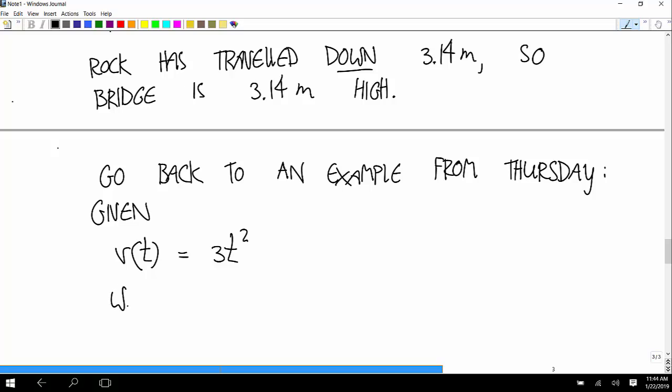In this one, why didn't we have to make choices about the zero position and positive direction and stuff like that?